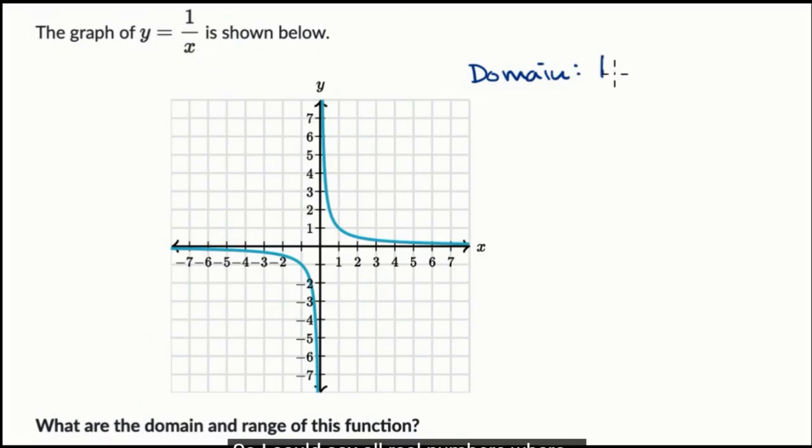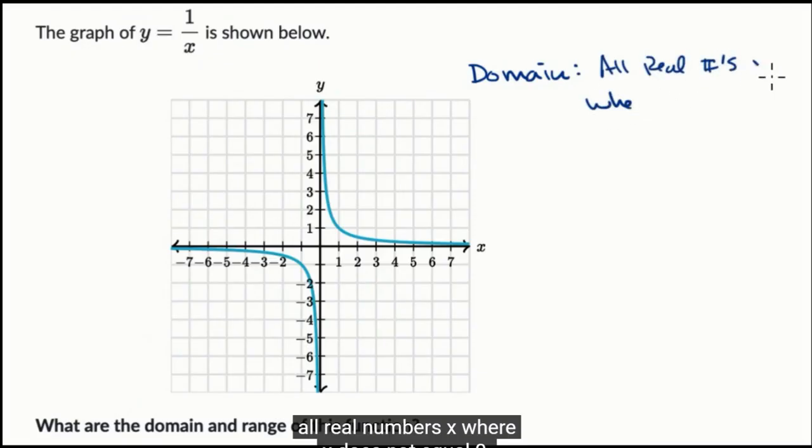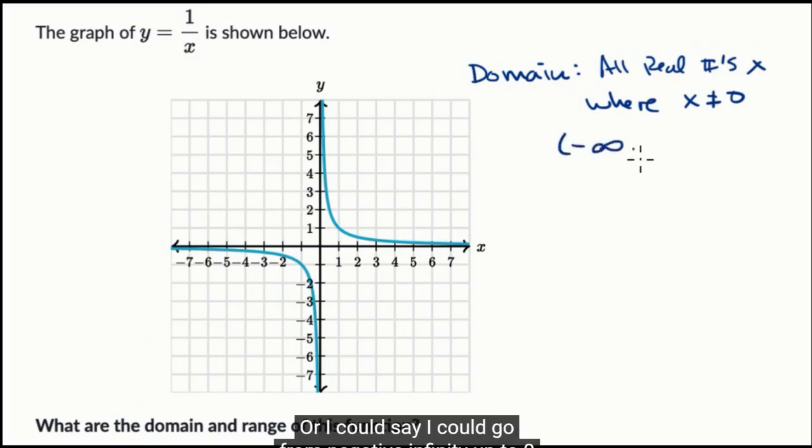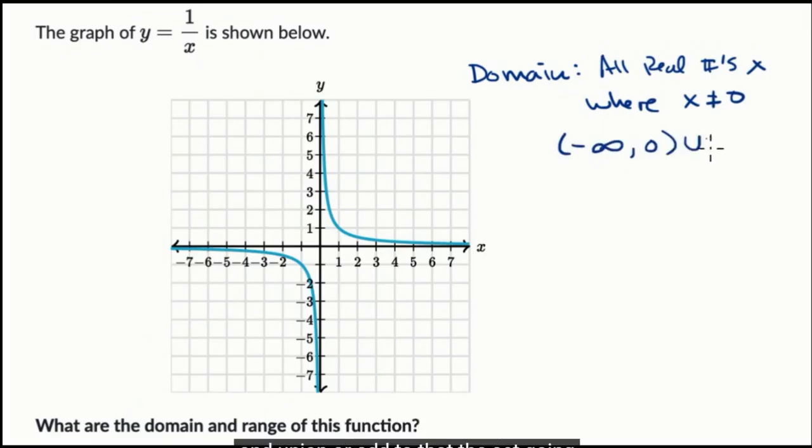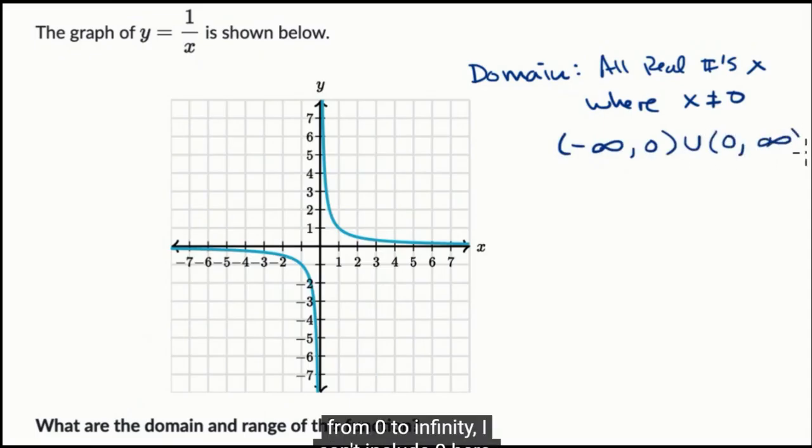So I could say all real numbers x where x does not equal 0. I could do it in the interval like I just did, where I could say I could go from negative infinity up to 0 and union or add to that the set going from 0 to infinity. I can't include 0 here. So either of those would work.